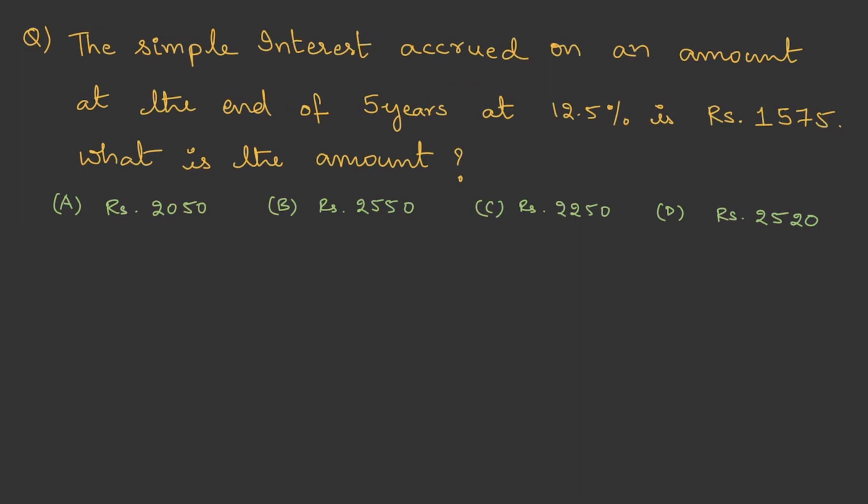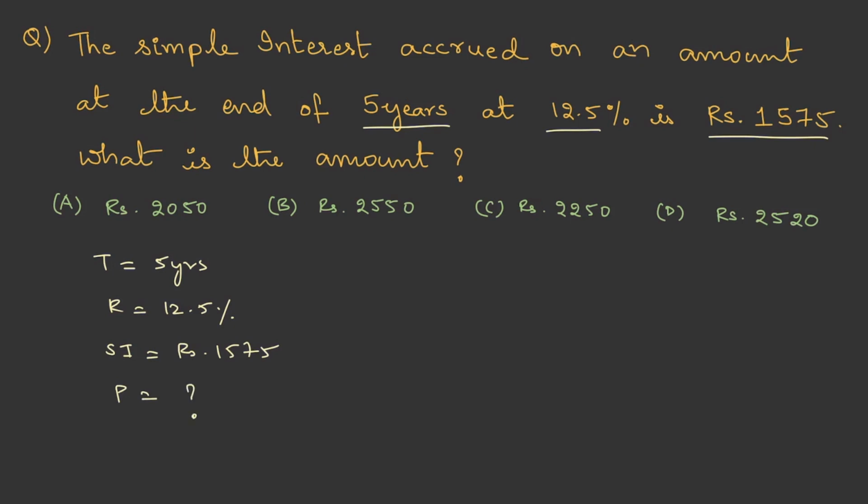Okay, here we have another question. The simple interest accrued on an amount at the end of 5 years at 12.5% is rupees 1575. What is the principal? Again, let me write the given data. Time is 5 years, interest rate is 12.5%, and the simple interest is rupees 1575, and we are supposed to calculate the principal. We know simple interest is PRT by 100, or P is simple interest into 100 by RT.